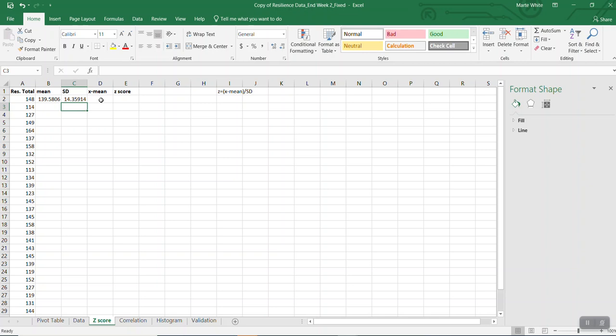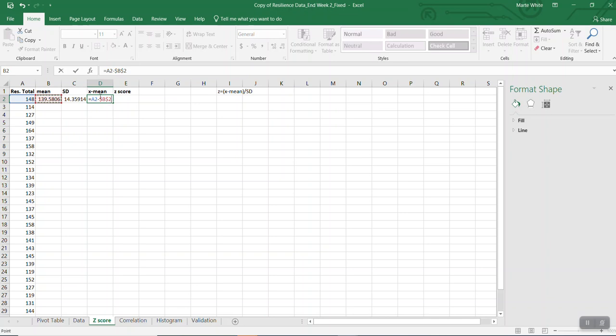Now to get the x minus the mean, I want this minus this. And to do this in a way where I don't have to type it in each and every time, I type equals, and I click on this one, which is the x, minus the mean, and then I push the F4 key, where you see these dollar signs before the column and before the row.